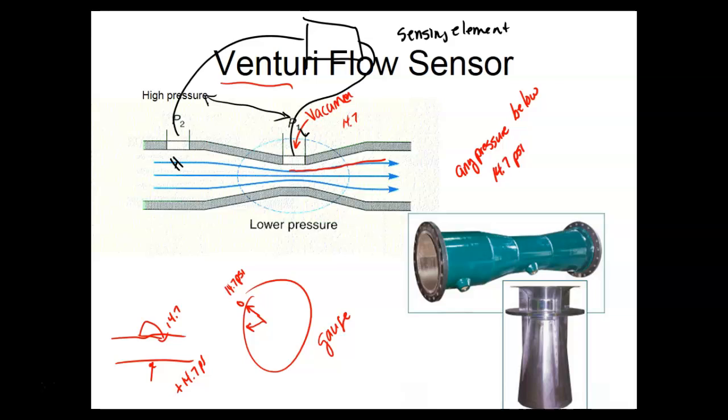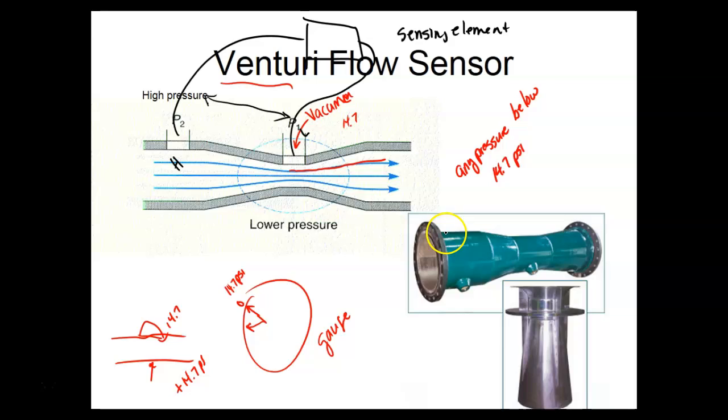Of course, your sensor would be calibrated for the transfer function. Some flow meters have a dial that you can adjust for the flow.